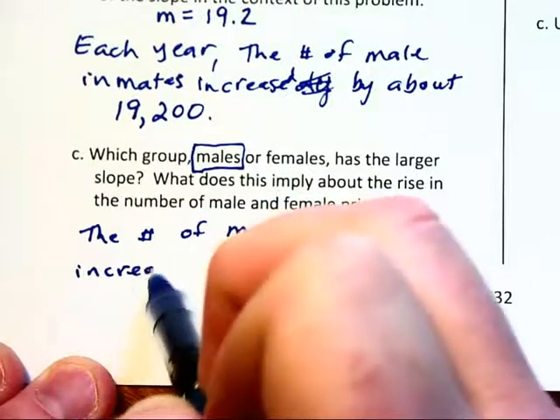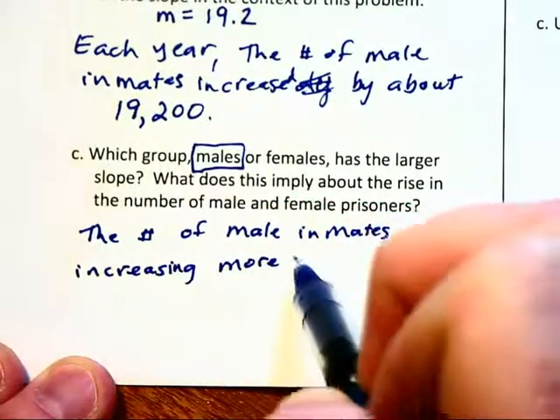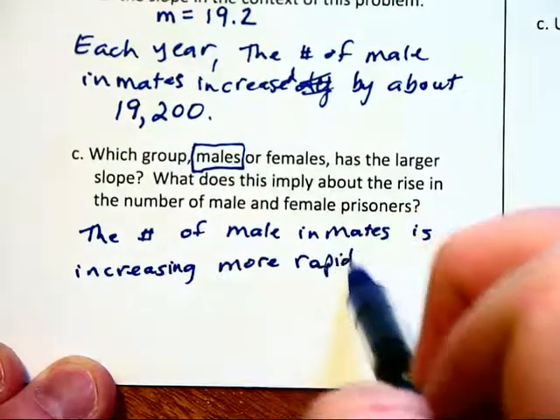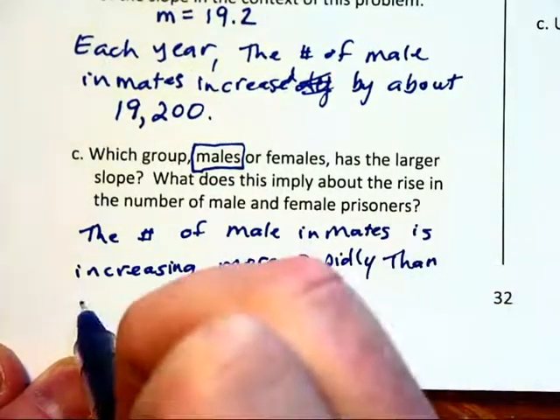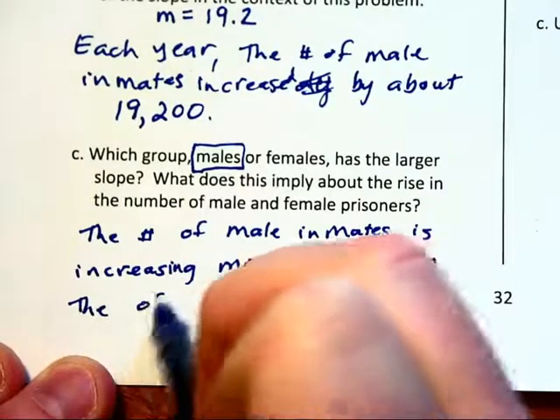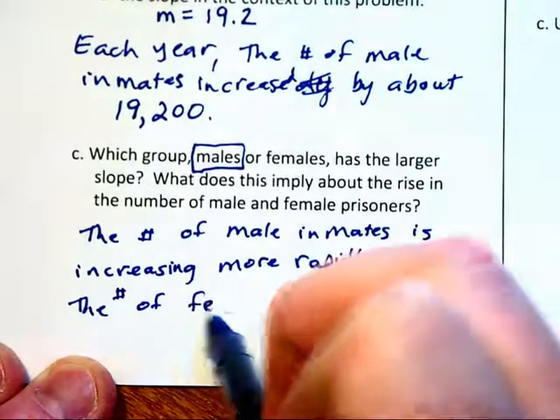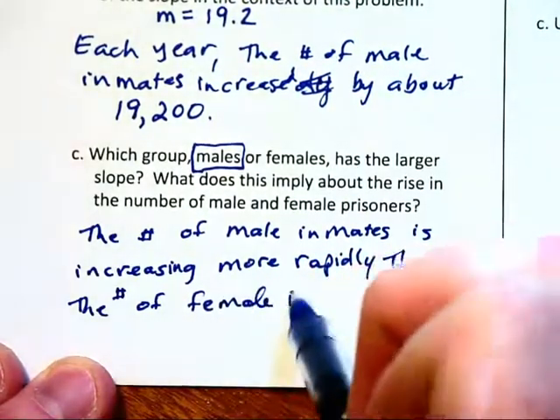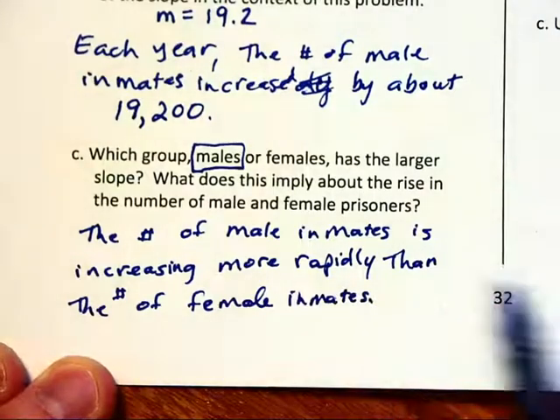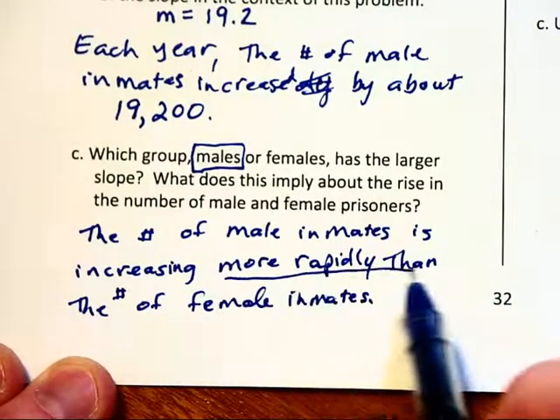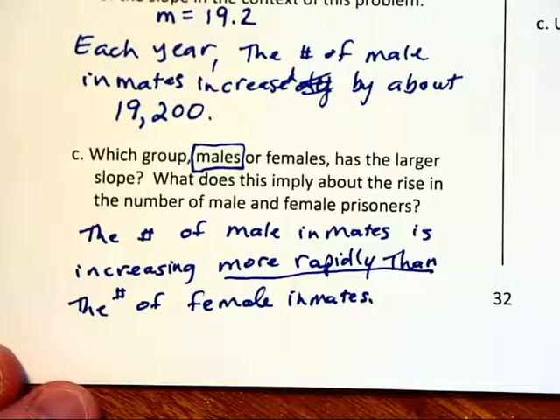We already knew that, but I'm going to say more rapidly than the number of female inmates. That's the key part of this problem. They're asking you to draw a comparison between the slopes, and the more rapidly than is really what's going to be the crux of our argument here.